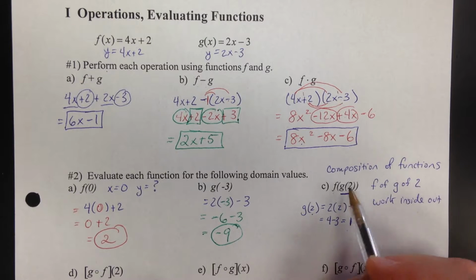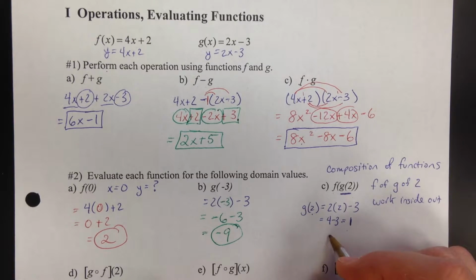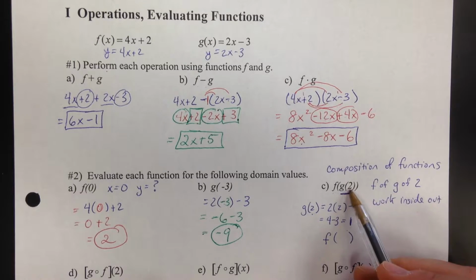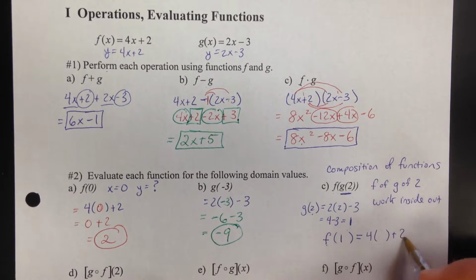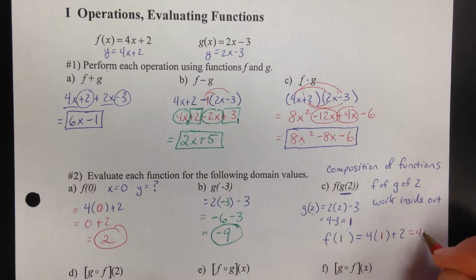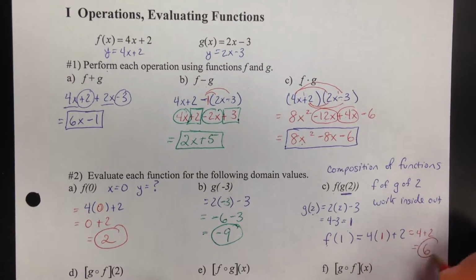Now, since g of 2 is equal to this value 1, I'm going to rewrite this as f of 1. So now you go to the f function, which was 4 times x plus 2, substitute the x value, which is 1, and we get 4 plus 2, which is 6.